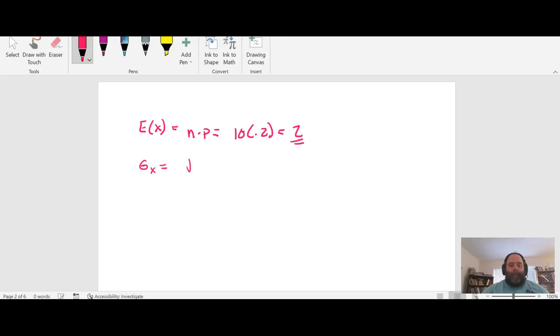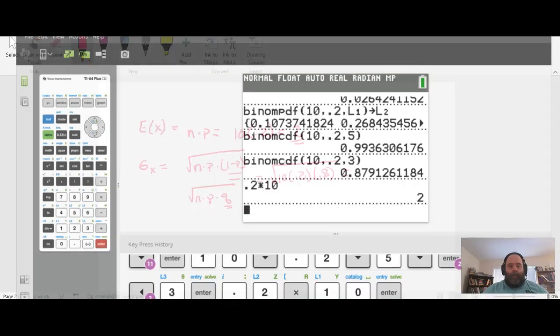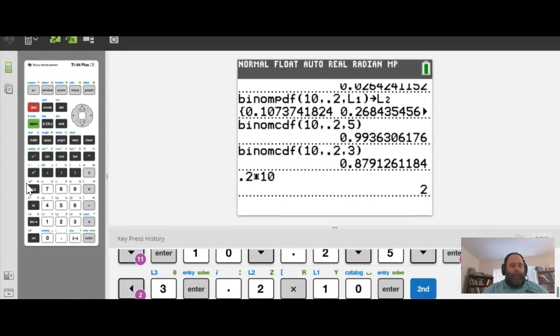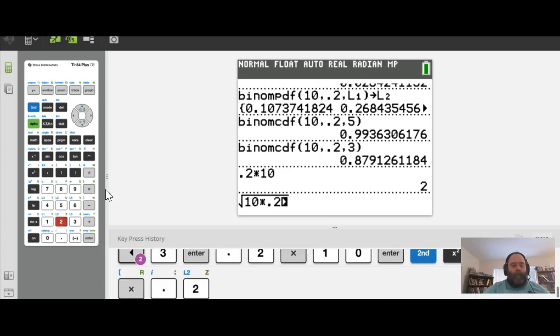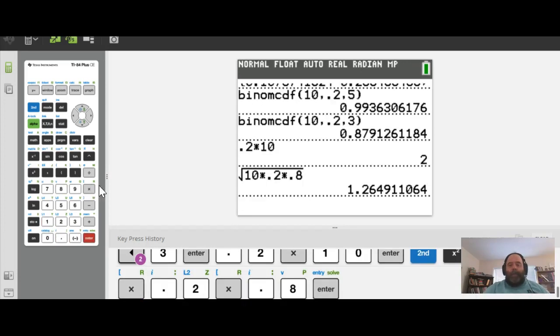So my standard deviation here, according to the notes, is n times p times 1 minus p, and then I take the square root. You could also sometimes read this as n times p times q if you let q be the same as 1 minus p. That's the probability of failure, right? So in this case, it is the square root of 10 times 0.2 times 0.8, which gives me roughly 1.26.